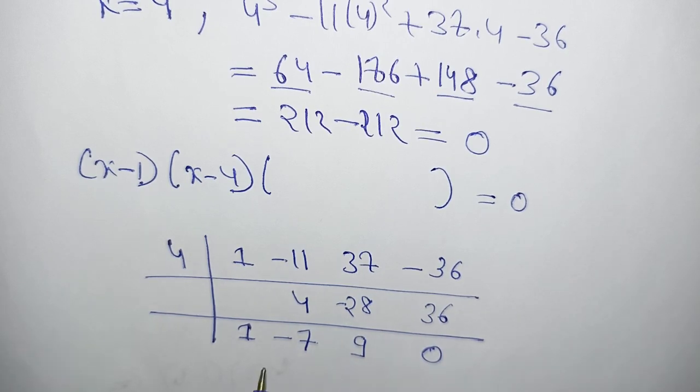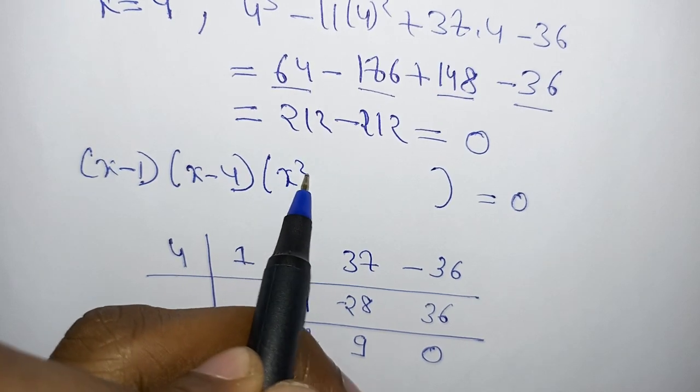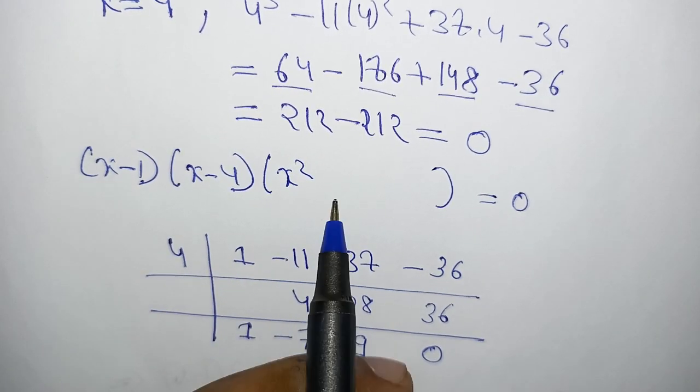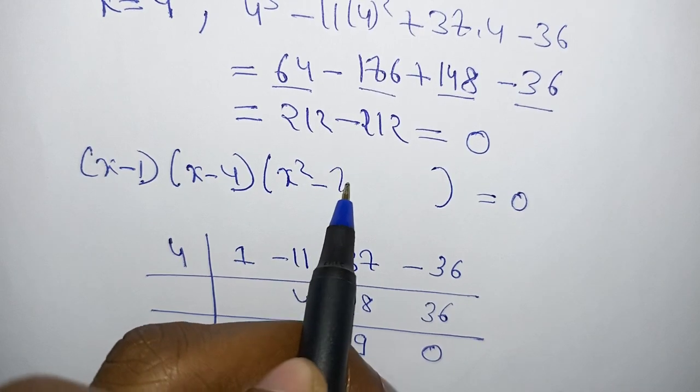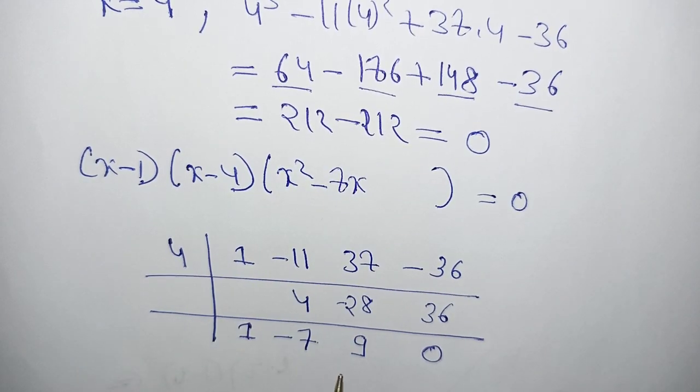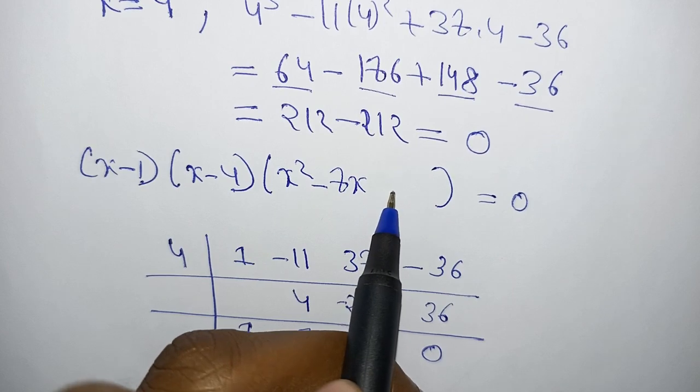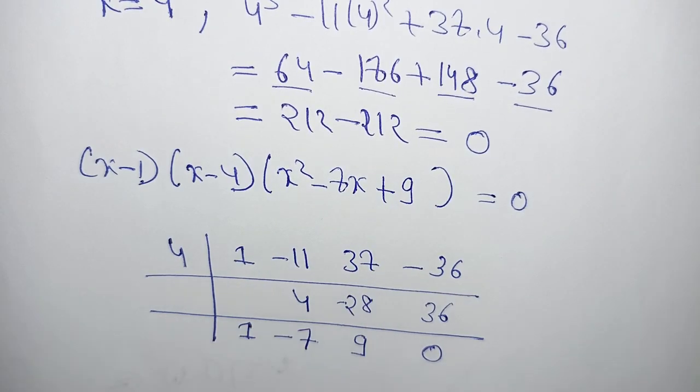So the coefficient of x square is 1, so we write x square, the coefficient of x is minus 7, so minus 7x, and the constant term is plus 9.